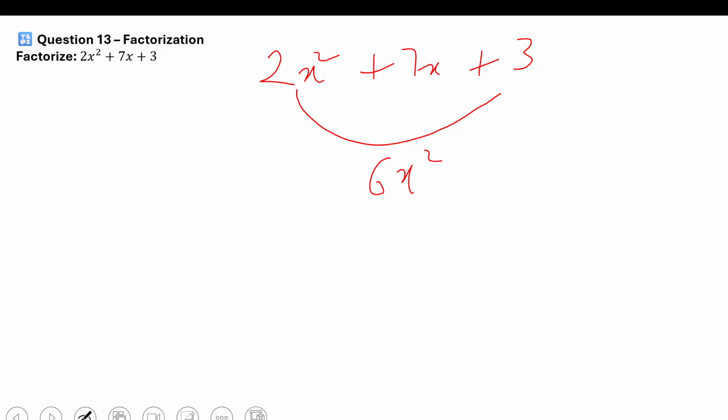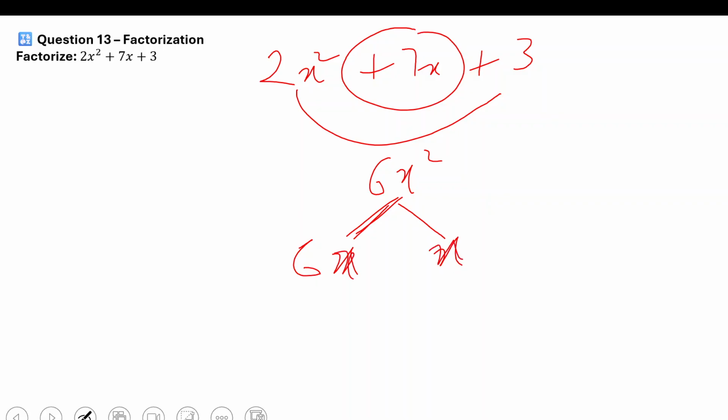So I look for two numbers such that when they multiply, they will give me 6x squared. When they add, they will give me the middle term. Those two numbers are 6x and x. So let's check. 6x times x will give us 6x squared. 6x plus x will give us 7x. So I'll replace the middle term with this, right?